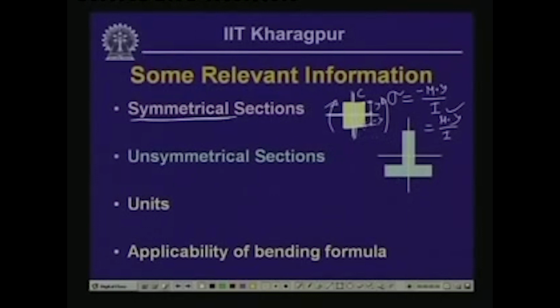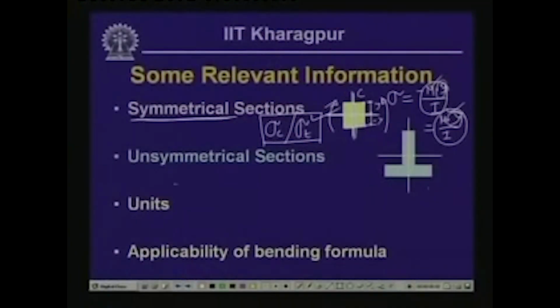But interestingly, whatever the compressive or tensile stresses, magnitude wise they will be the same for the same value of M, because y is identical. So, the bending compressive stress and the bending tensile stress for the symmetrical section will be the same.